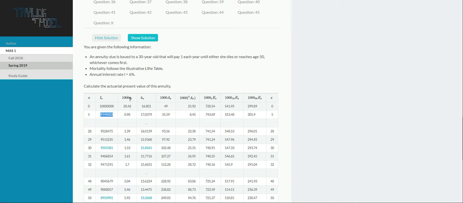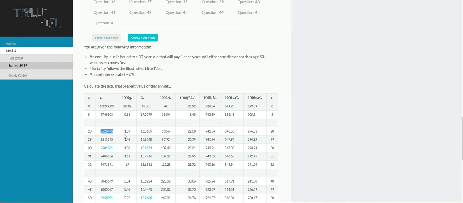Next is our death rate. For this 1.39, that's just what number died. That would be 9528 subtract 9515, these numbers, divided by the original amount for that year.